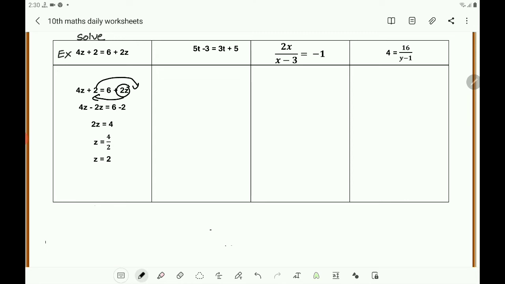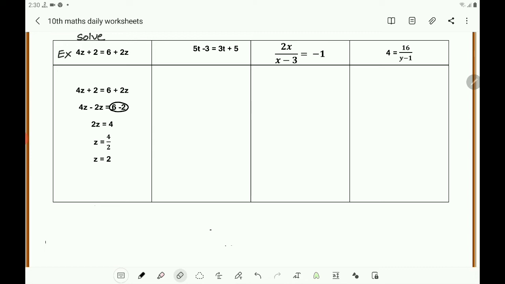So it becomes 4z, this 2z comes here and becomes minus 2z, and this 2 comes here and becomes 6 minus 2. So in the LHS you got 4z minus 2z, and in the RHS 6 minus 2. Here what we have done: this 2 is transferred to RHS and this 2z is transferred to LHS.